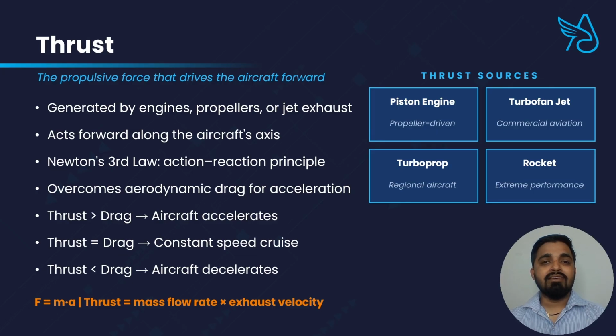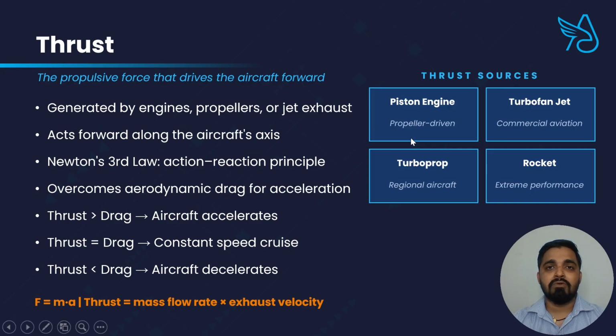In a jet engine, the engine burns fuel and blasts exhaust gases backward at high speed, and in reaction, the aircraft pushes forward. In our drones, the spinning propellers push the air downward, and in reaction, the drone gets pushed upward. In all these three examples, the same principle is applied.